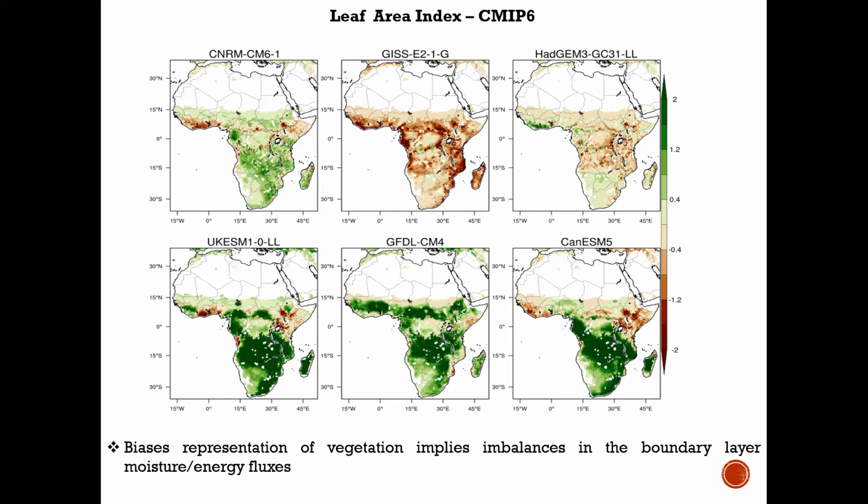This may be one of the contributing factors to the biases that we noted in this model. For the UKESM, we noted that this model had a nearly invariant annual cycle of leaf area index, and it overestimated vegetation throughout Africa. But we see ANGM has the least bias in terms of representation of vegetation over Africa.